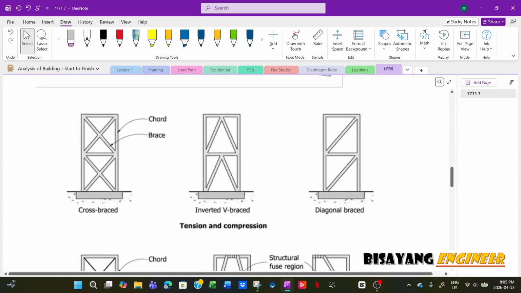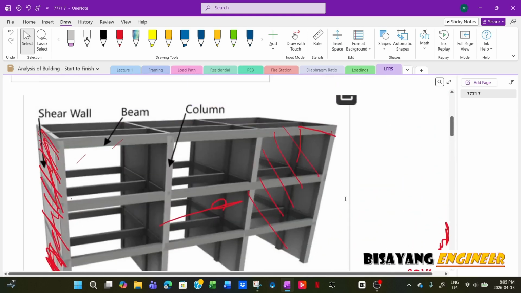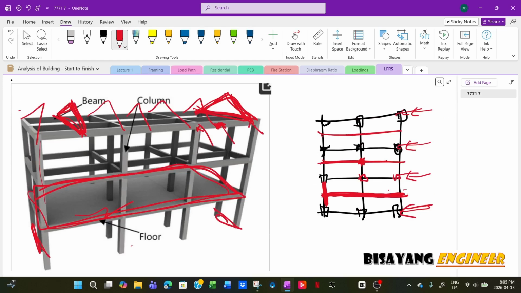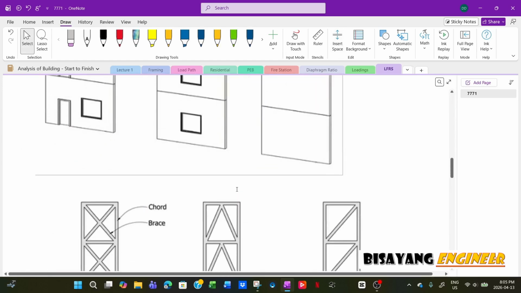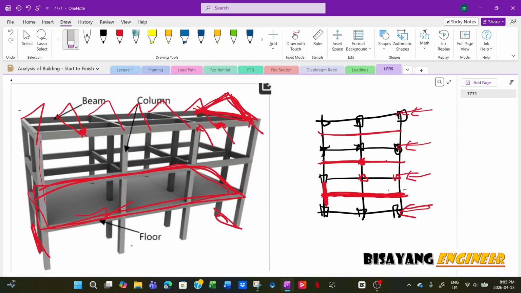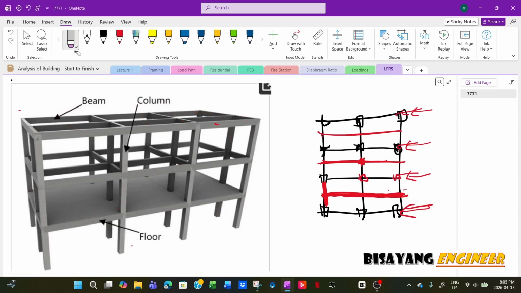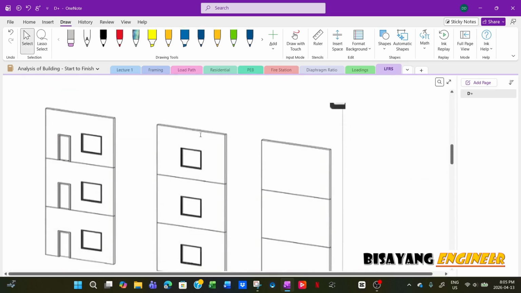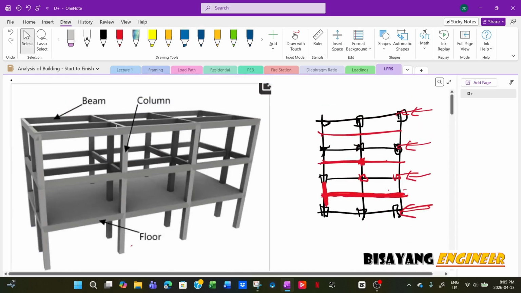So the next topic would be if this is a steel frame. Assuming this is a steel frame, the same applies, but instead of a shear wall or a moment frame, because if you use a moment frame in a steel building, it's going to be expensive versus a braced frame.